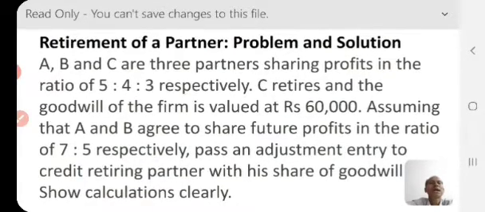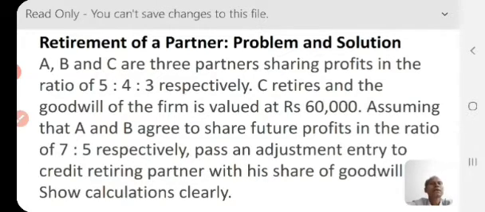A, B, and C are three partners sharing profits in the ratio of 5:4:3, respectively.